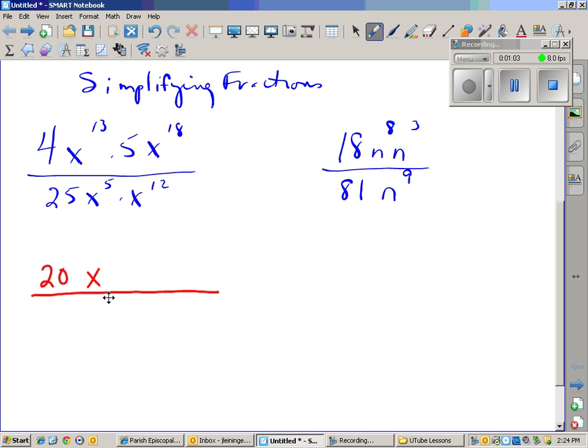That becomes x to the 31st. If you were to think about these 13 x's all stretched out and these 18 x's all stretched out, when you put them back together as an exponential expression, there'd be 31 of them. On the bottom, 25 x to the 17th.